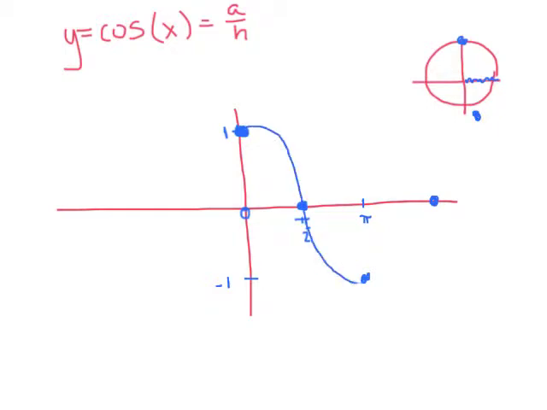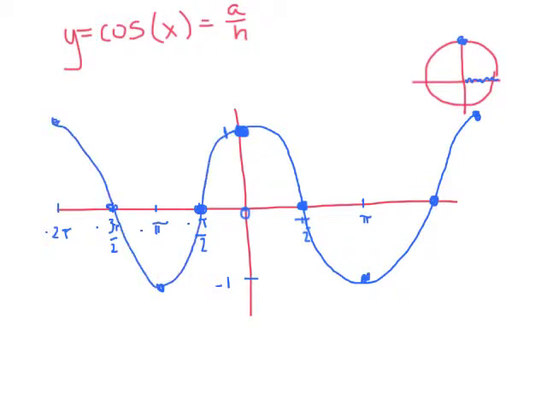So our cosine function, I consider this to kind of look like a U. And so we can finish it off negative pi over 2, negative pi, negative 3 pi over 2, and negative 2 pi. So it's going to be middle, down, middle, up. So that's our cosine parent function graph.